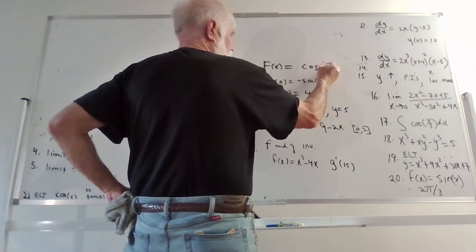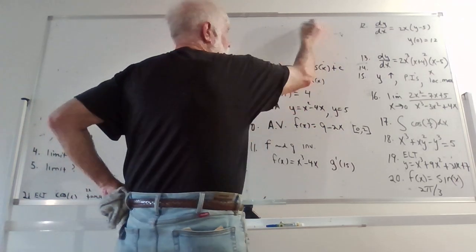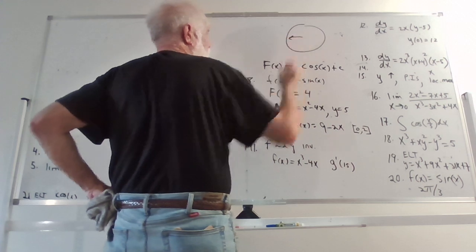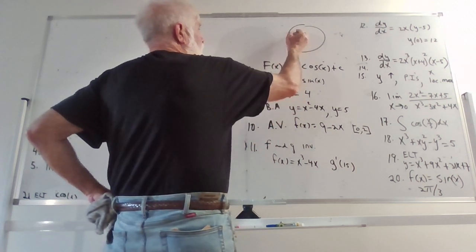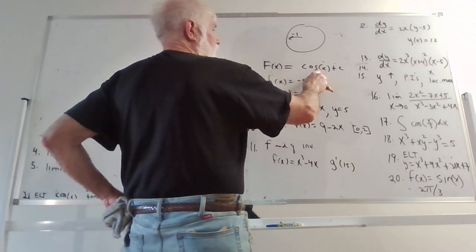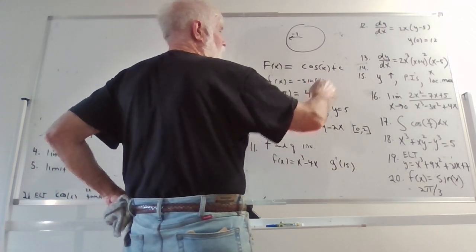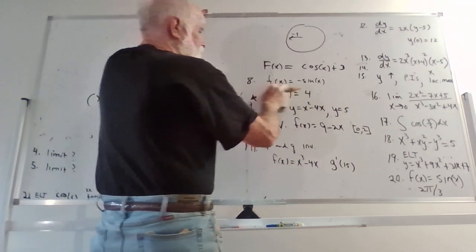So if I integrate, I get cosine x plus c. We drop pi in. Pi is 180 degrees to the left there, 180 degrees, and that cosine value is -1. And so if I put pi in, that's -1. If I want to get 4 out, I add 3. There's your practice for that.